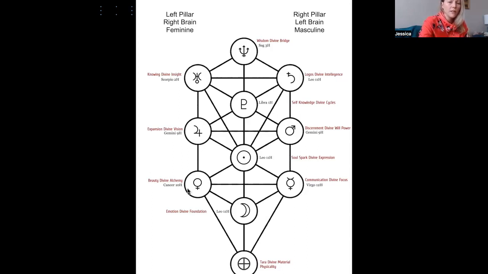And then we have Venus, and Venus represents beauty, but even more so, it's divine alchemy. When we're synthesizing all of these energies, having conversations with people, having different thoughts, studying, gathering information, and bringing them forth, our ability to alchemize all of these little strands of information into something greater than how we found them is essentially Venus.